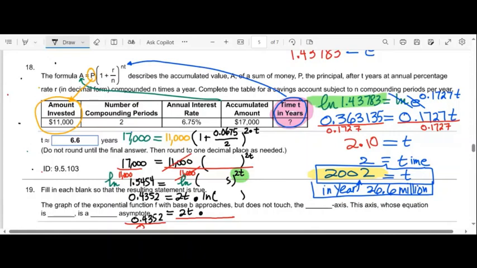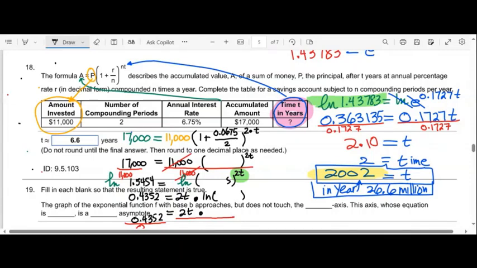Okay. Please read number 18. The formula A equals P, brackets, 1 plus r over n, close the brackets, to the power of nt, describes the accumulated value A of a sum of money P, the principal, after t years, at annual percentage rate r in decimal, compounded n times a year.